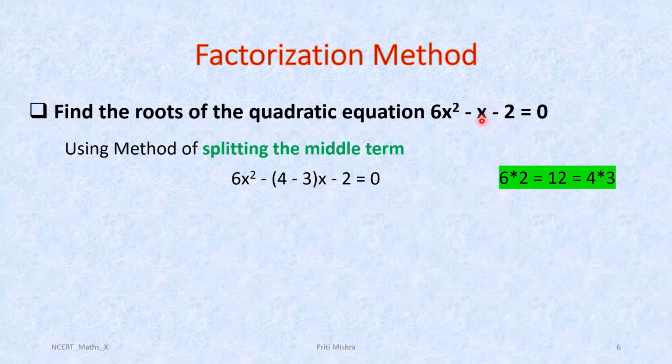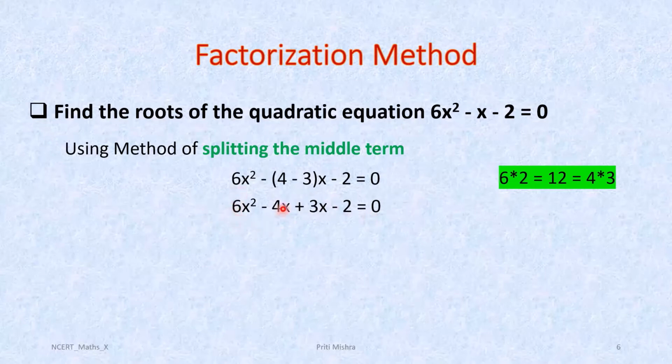As we are having minus x, we can write it like minus 4x plus 3x. Now, when we will open this bracket, it will be 6x square minus 4x plus 3x minus 2 is equals to 0.